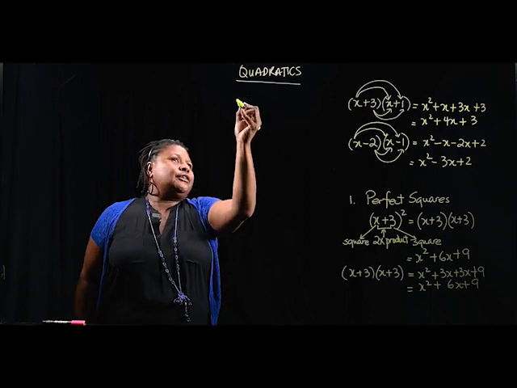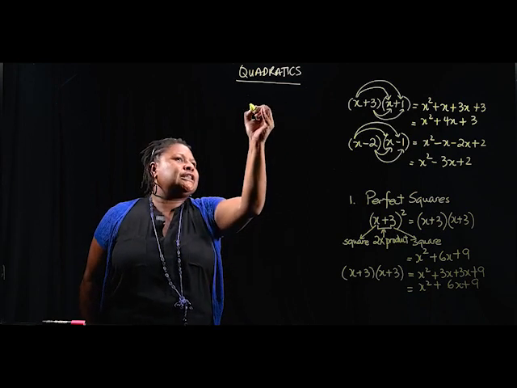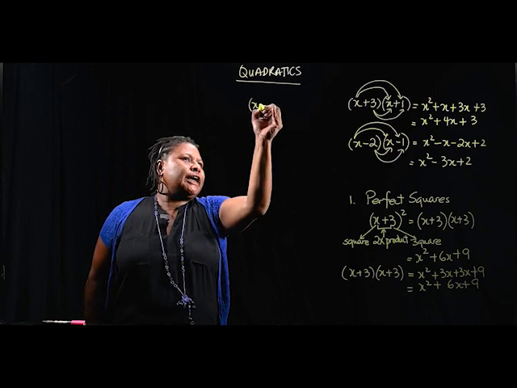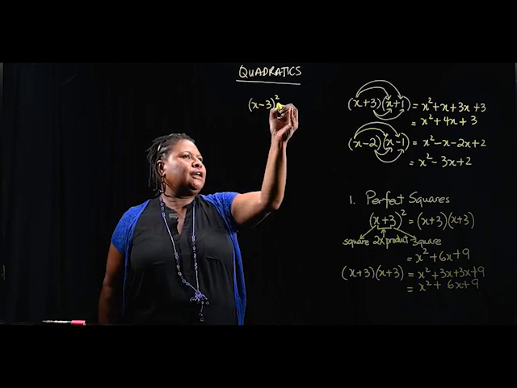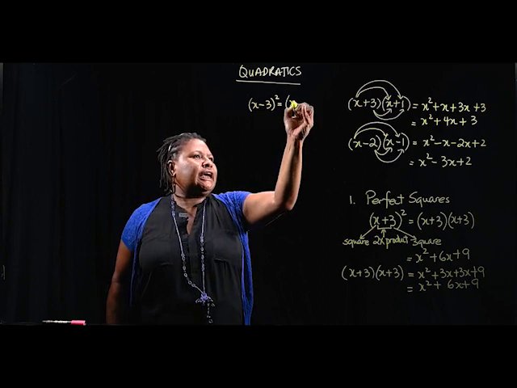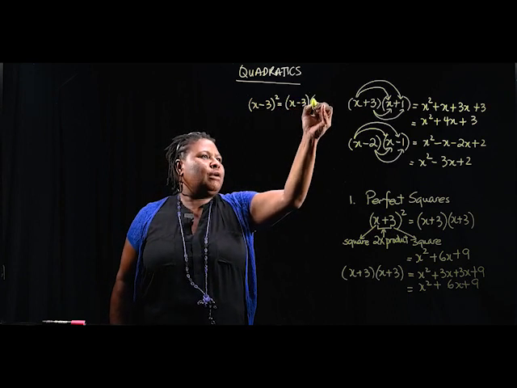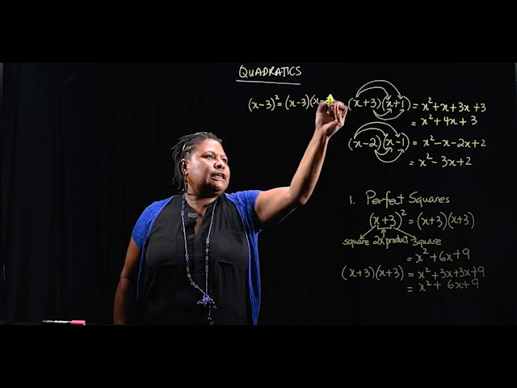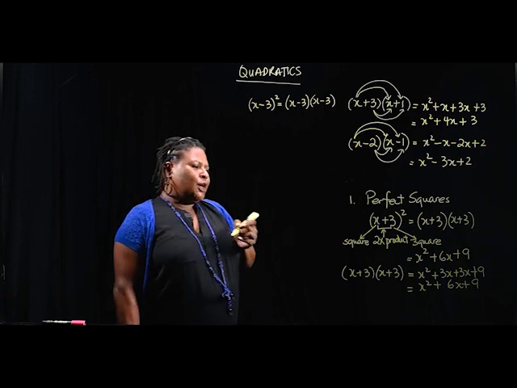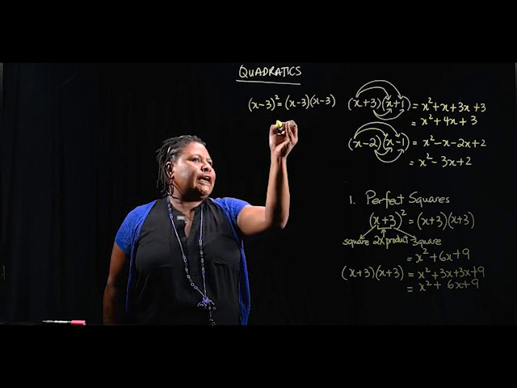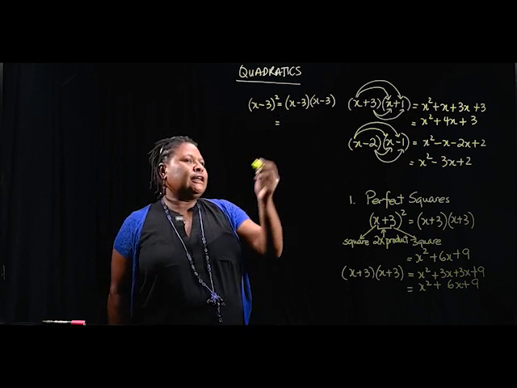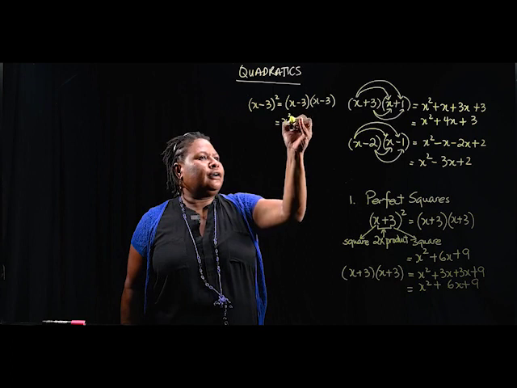With negative linear expressions, this time we go x minus 3 squared, which is x minus 3 multiplied by x minus 3. Use the general rule. The square of the first term is x squared.